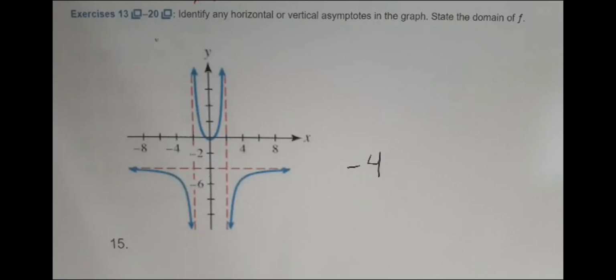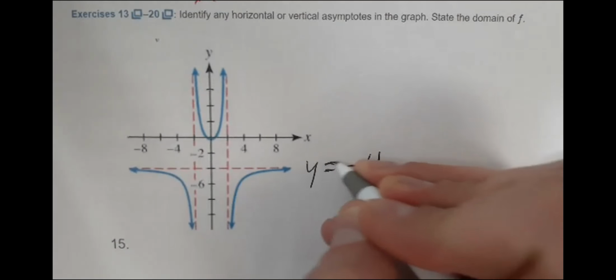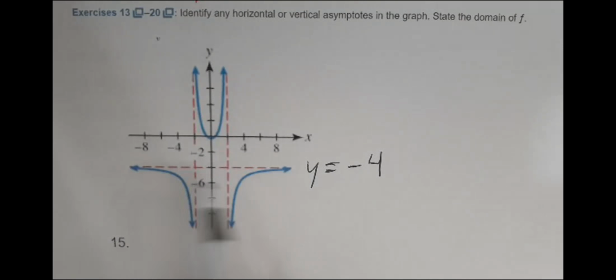What variable am I going to put there? Talk about that horizontal asymptote here. y. That's going to be a y equals. Remember our y equals lines look like things with zero slopes? They look like constant functions. This looks like a constant function of y equals -4. So this horizontal asymptote is y equals -4.